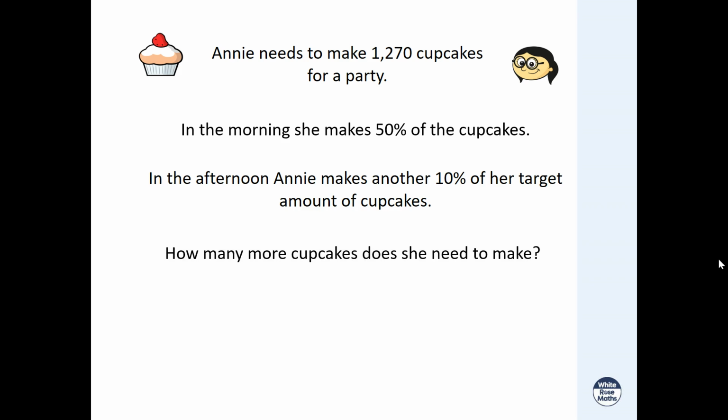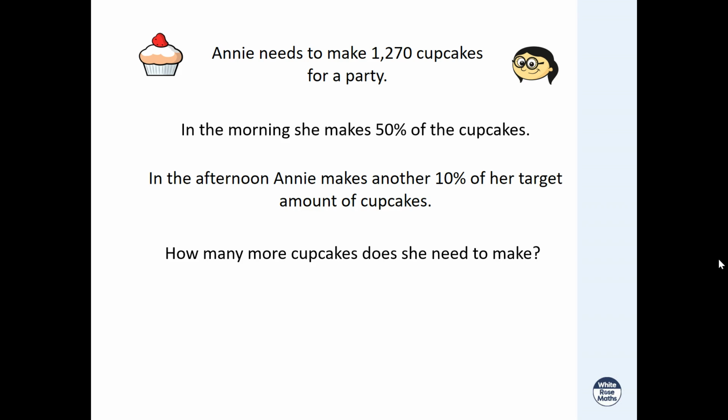So the first thing that we need to do is find 50% of 1,270, because that's how many cupcakes she makes. Then she makes another 10% of her target amount. So 10% of 1,270. So to find 50%, we need to divide 1,270 by 2. And then to find 10%, we need to divide 1,270 by 10.